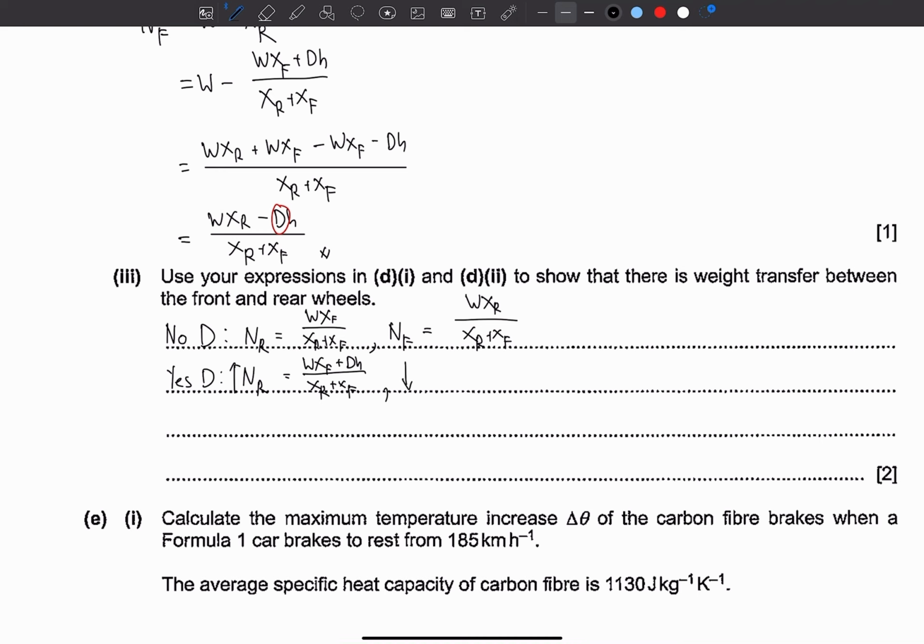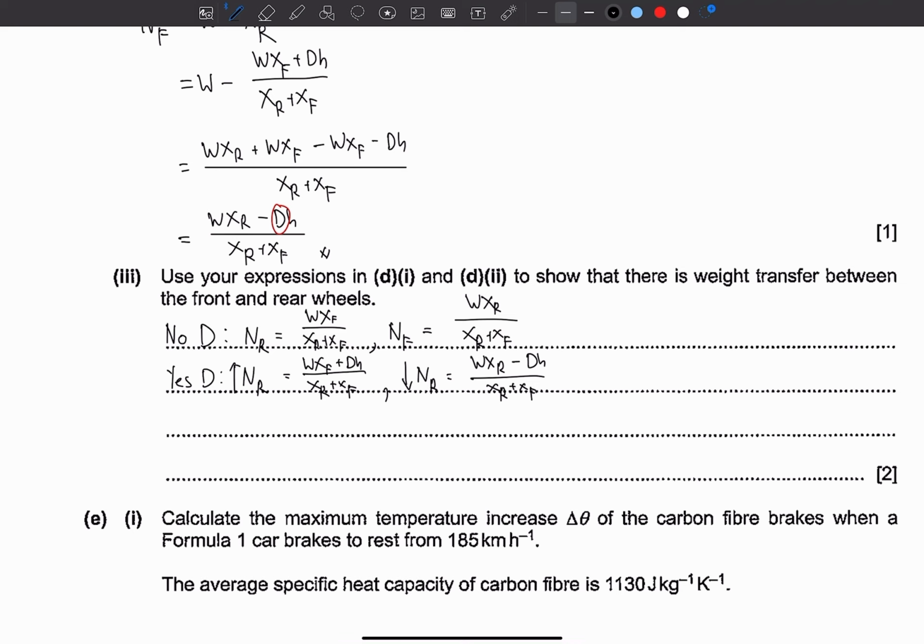However, for the normal reaction force in the front tires, it will actually decrease. It decreases to WXR minus DH all over XR plus XF.